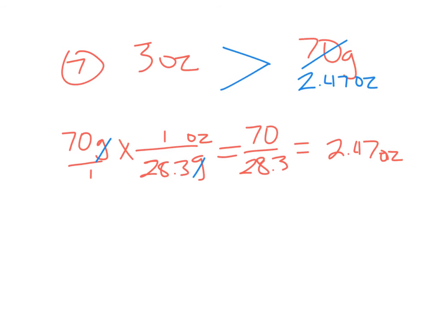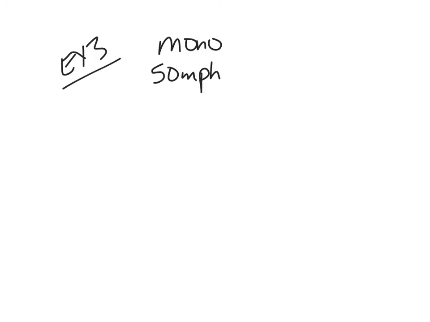All right, let's do example 3. Okay, we have two remote controlled airplanes. They want to know which one is faster. The monoplane is 50 miles per hour, and the biplane is 70 kilometers per hour.